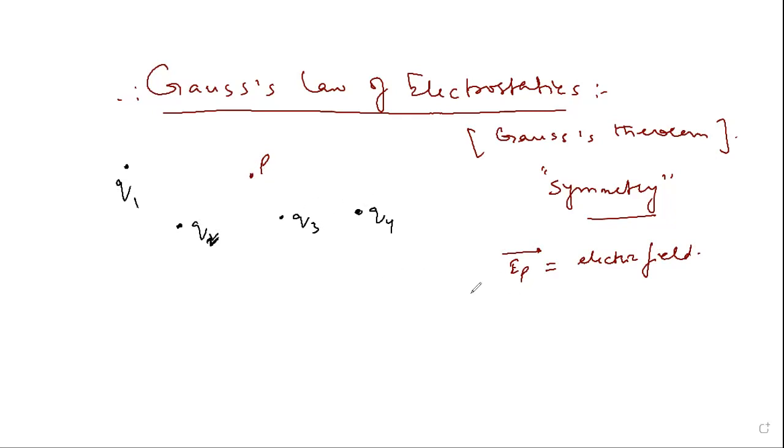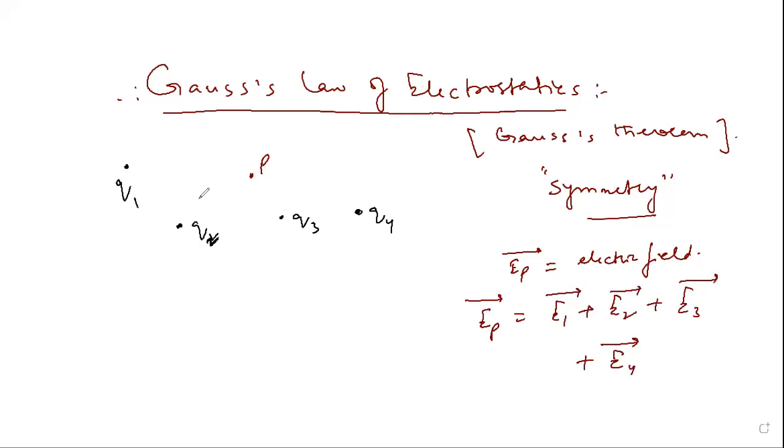That means if I have 4 charges, this EP will be the vector sum of E1 plus E2 plus E3 plus E4. And I can have any number of charges. Accordingly, there will be that many terms in this sum.